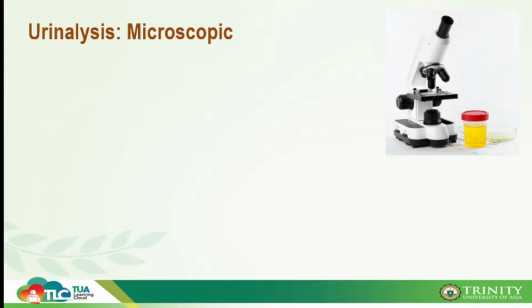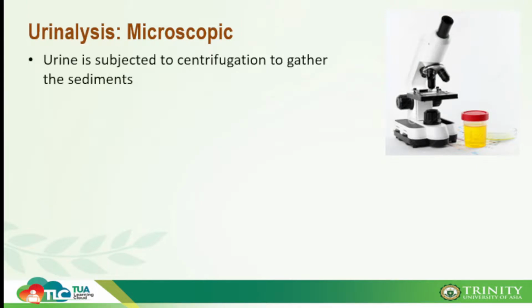And lastly, we have the microscopic examination. Urine is first subjected to centrifugation to allow the sediments to settle at the bottom of the sample. We then remove the supernatant, take the sediments, put them on a glass slide, and examine them under the high power objective.